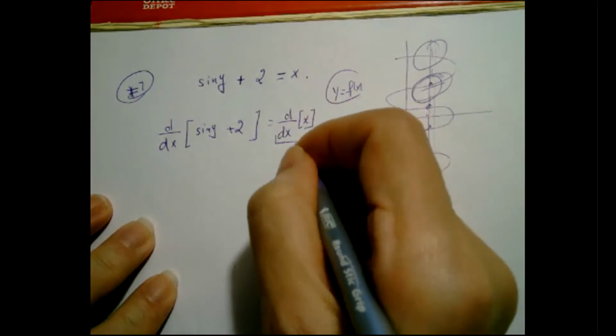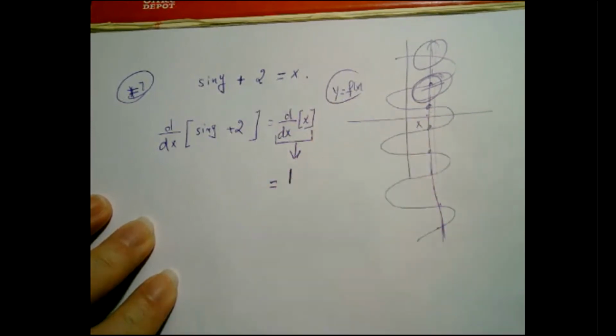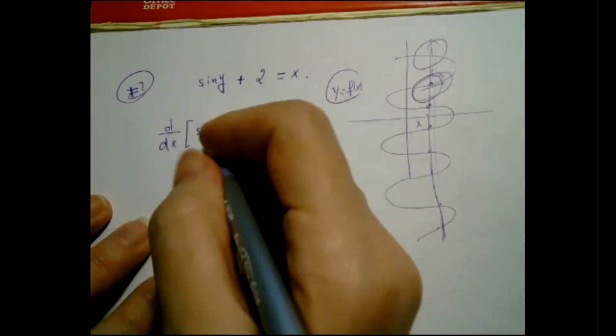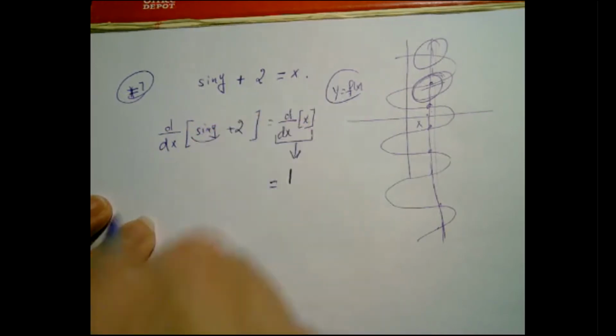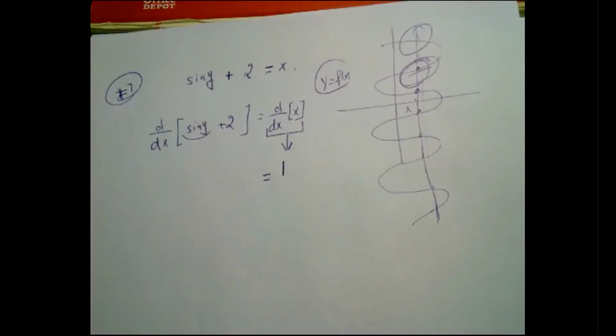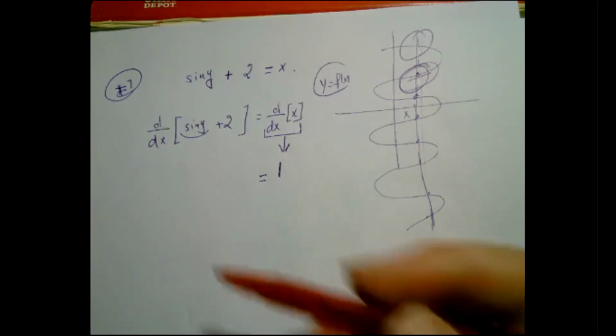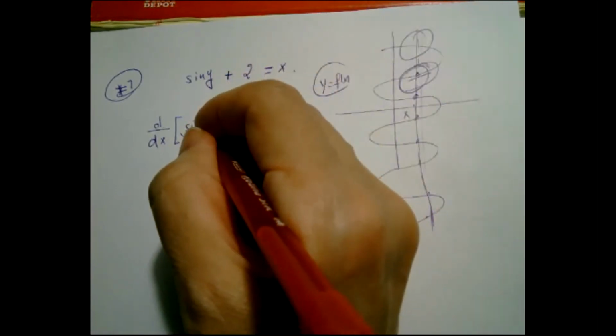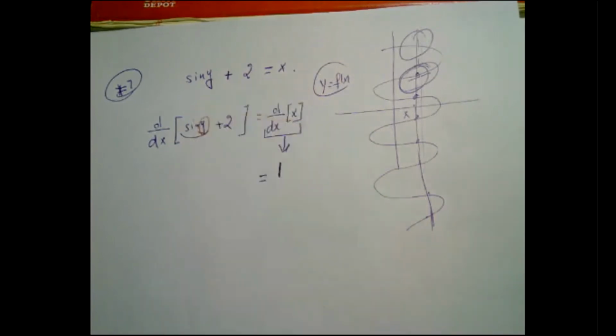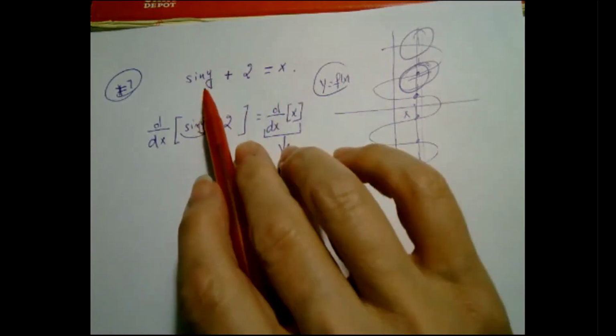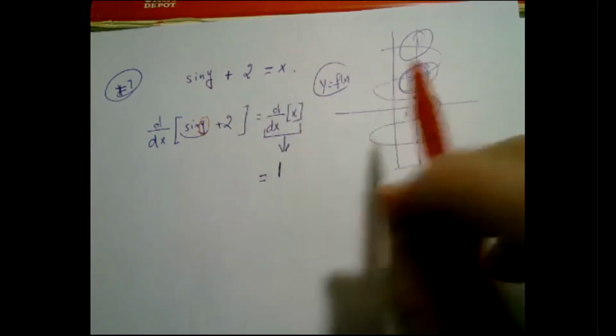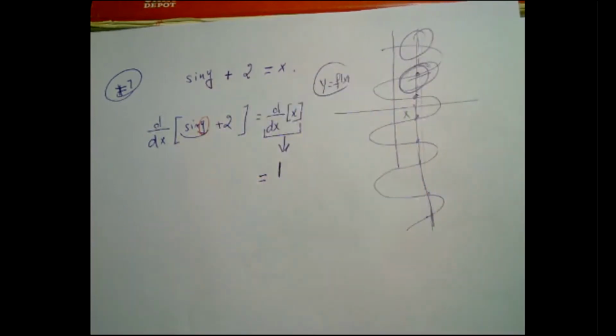What's the derivative of x? That's a 1, no big deal. What's the derivative of sine of y? Now back to you. Remember, it's not a y here, unless you keep this in mind. If I work hard, I can solve for y as a function of x, but it's not easy to find.